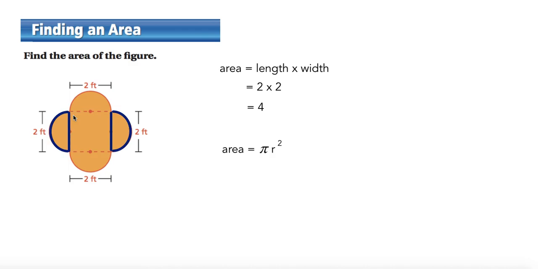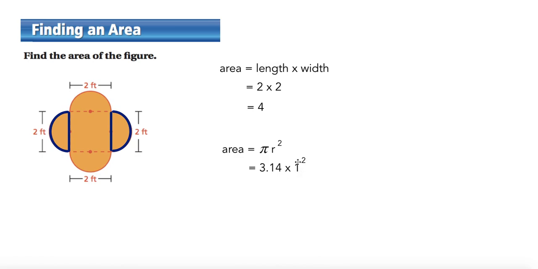Now I'm going to look at my area of a circle. You can see that I've highlighted 2 semicircles because they're going to come together to form one full circle. I'm going to substitute for what I know. So using pi r squared, I'm going to write 3.14 times 1 squared.